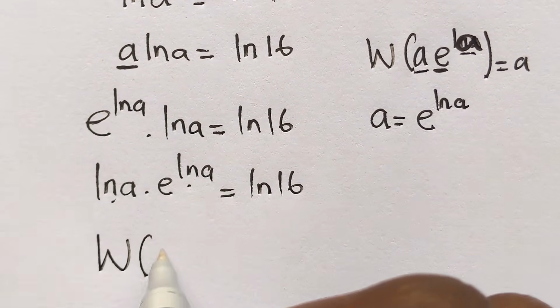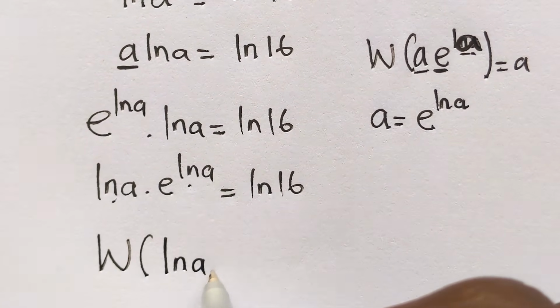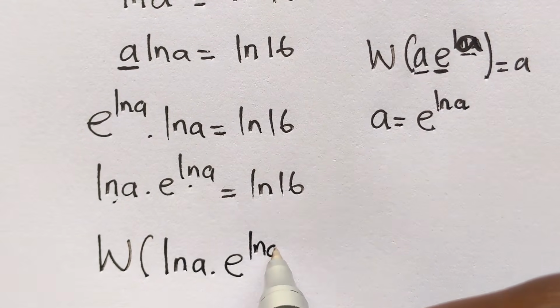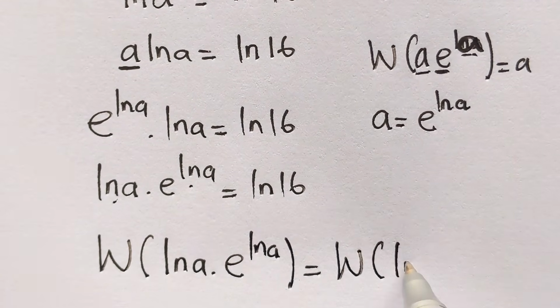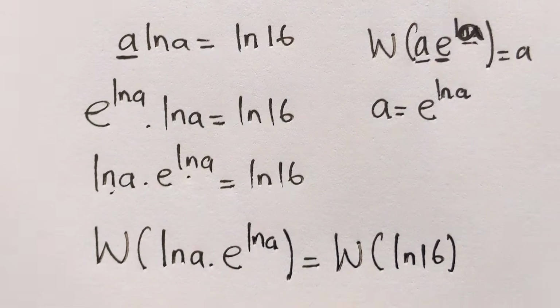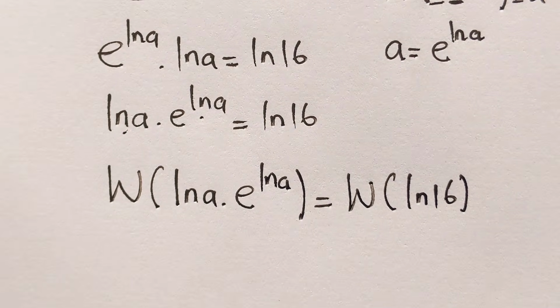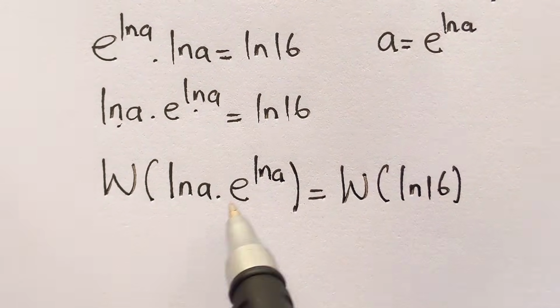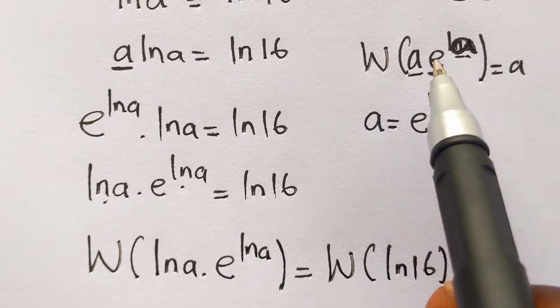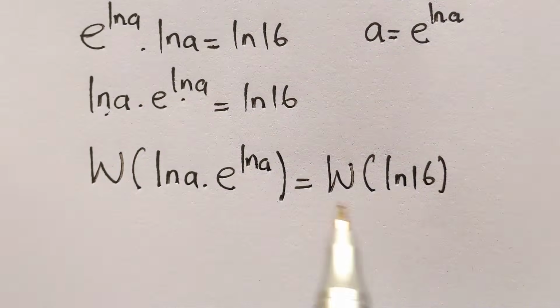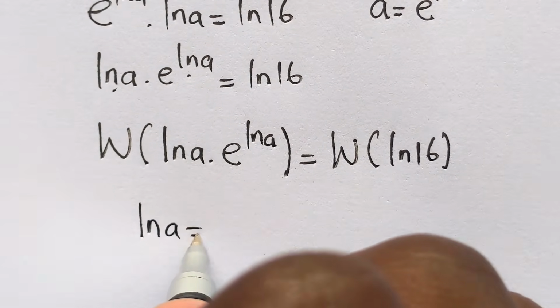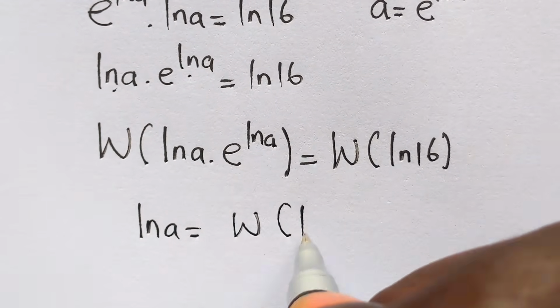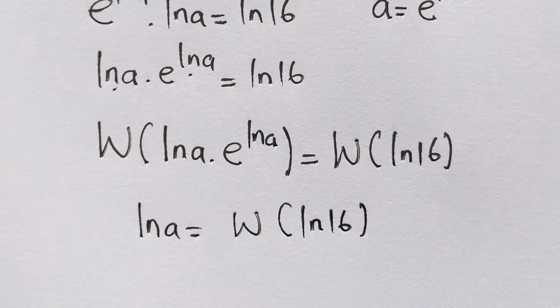The Omega function of ln a times e power ln a will be the Omega function of ln 16, right? Then, of course, we shall say that when we apply this, it is equal to a, and our a here is ln a. Then ln a will be the Omega function of ln 16, right?